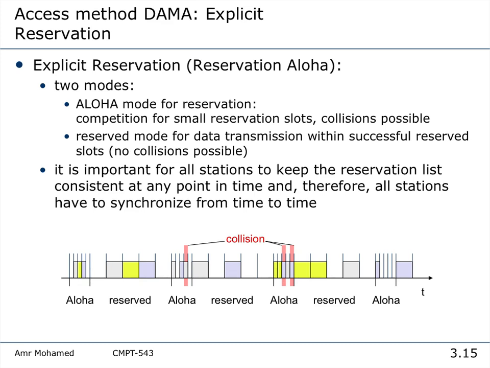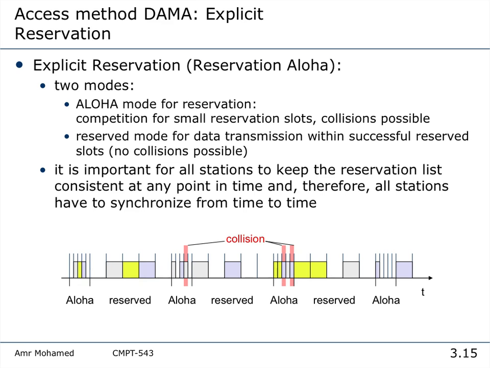Is that clear? So what happens is that we have this reservation phase that uses slotted Aloha in that case, which means I don't need to have n different mini slots. No, I have slots for a certain duration of time, and n nodes can contend on these time slots.